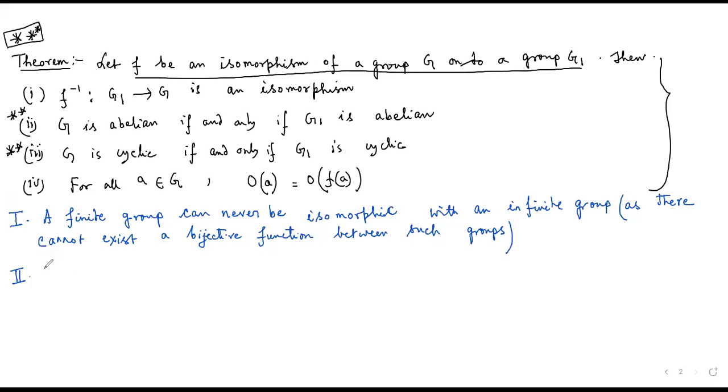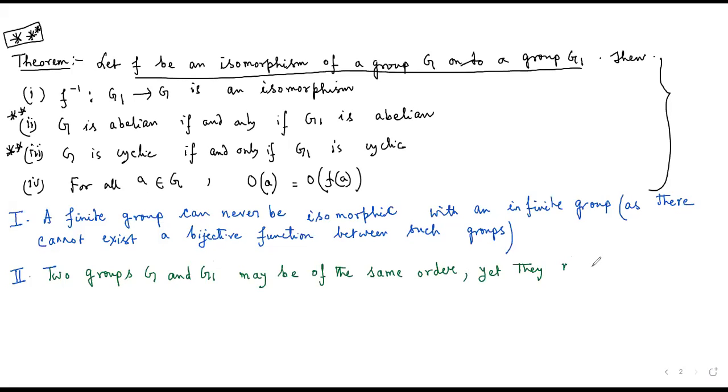Point number two is saying that two groups G and G1 may be of the same order, yet they may not be isomorphic.